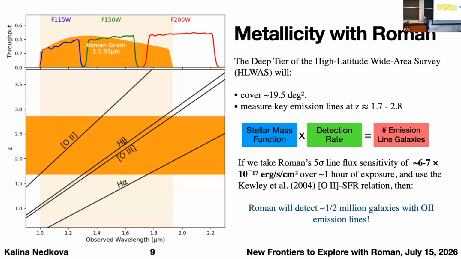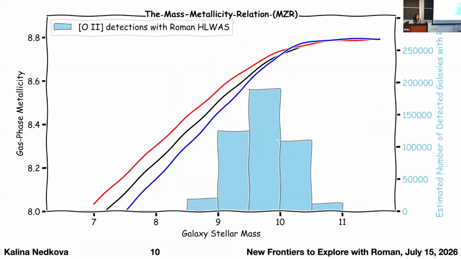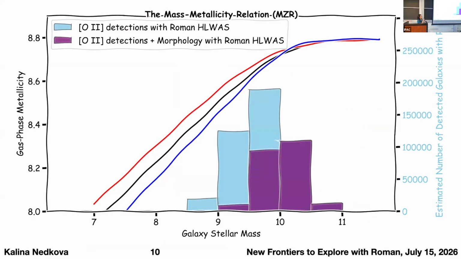So that's really exciting. If we just plot this, this is, again, just a cartoon of the mass-metallicity relation, but here I'm showing you the number of detected galaxies with Roman. You can see that we're really going to sample the high mass end extremely well. And for a subsample of these galaxies, we'll also have very nice deep imaging, which will allow us to look at the connection between morphology and metallicity.